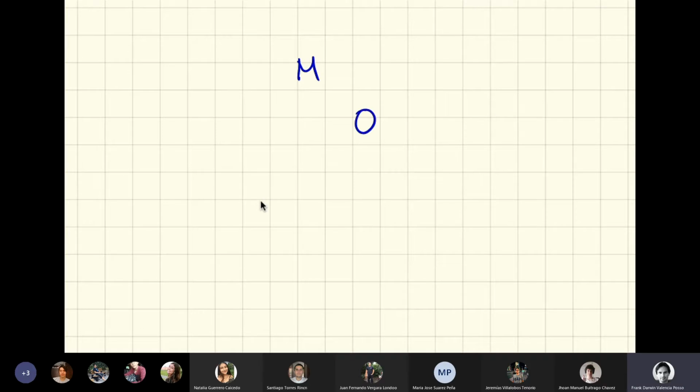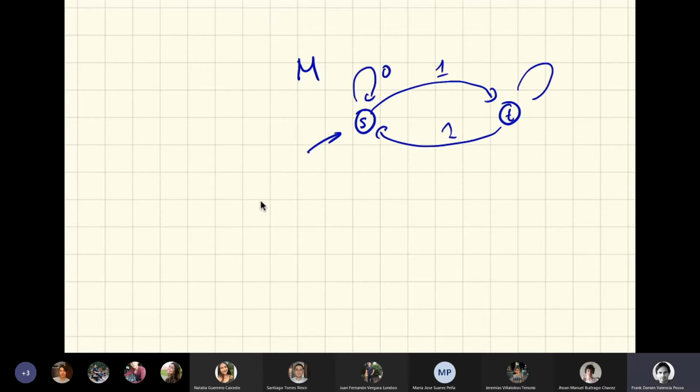Let's do an example, draw the typical example here. Let's call this state S, T, with transitions 1, 1, 0, 0.